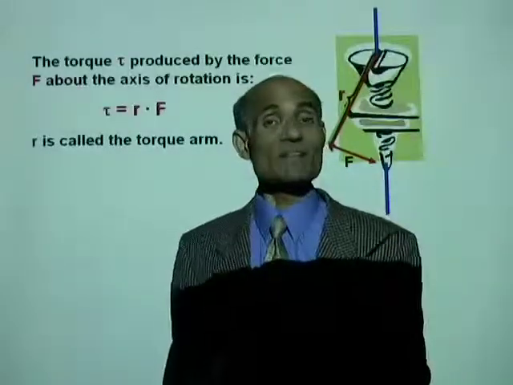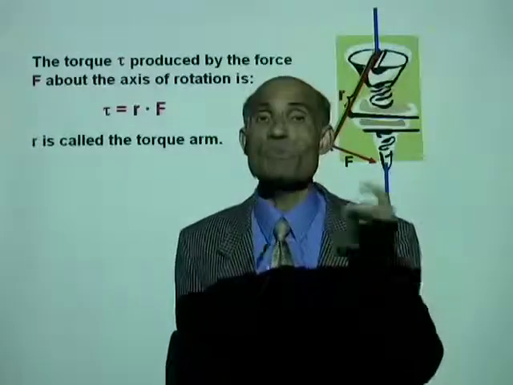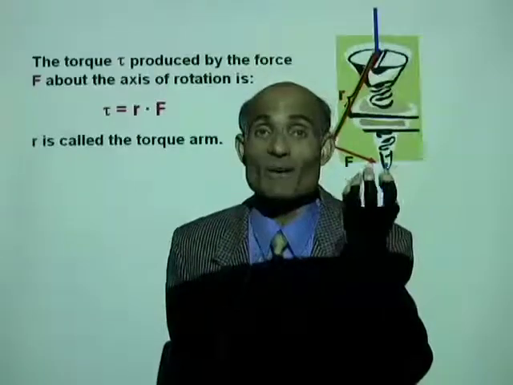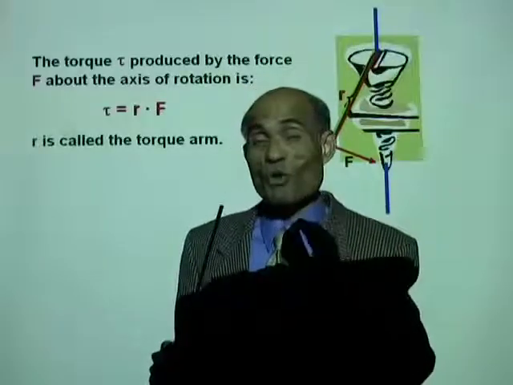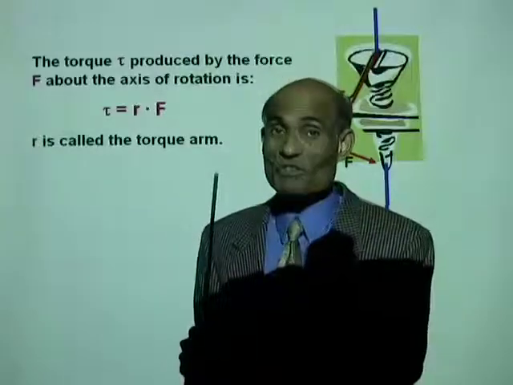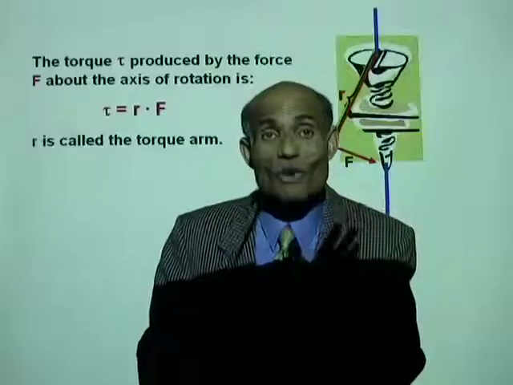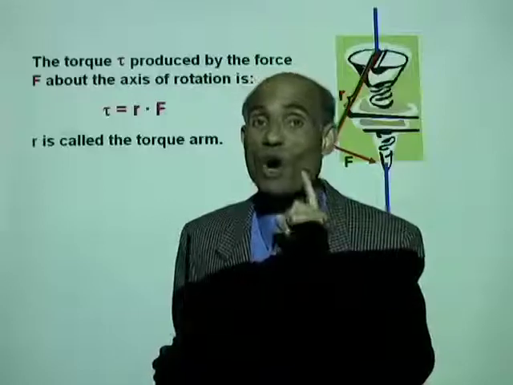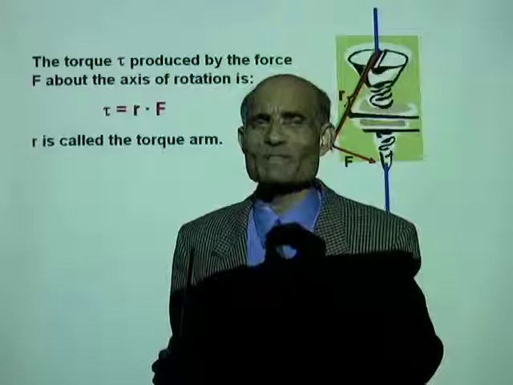Now, do you remember a few classes ago, 2 or 3 classes ago, we multiplied two vectors to produce work done. Work done by a force is the product of the force and the displacement it produces. Force is a vector quantity, displacement is a vector quantity, therefore work done is the product of two vectors. And we call that product by a name. What was that? It is called the dot product.